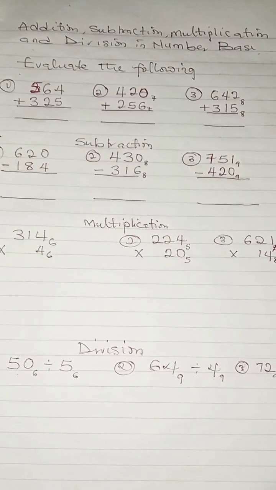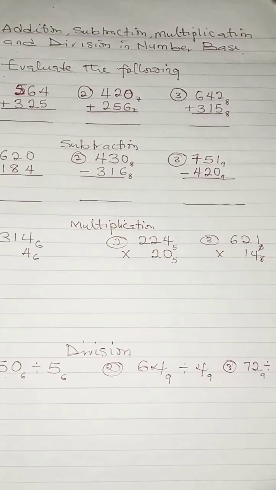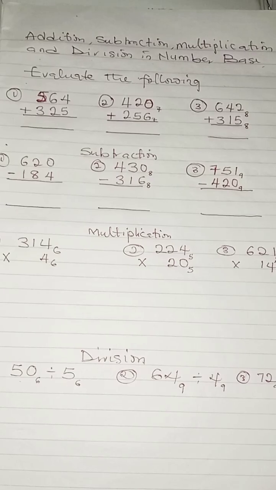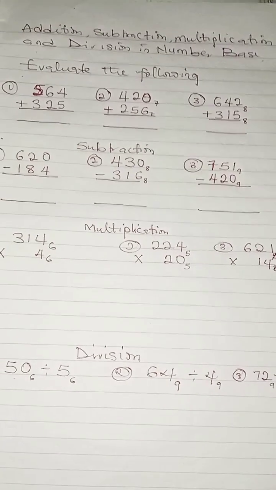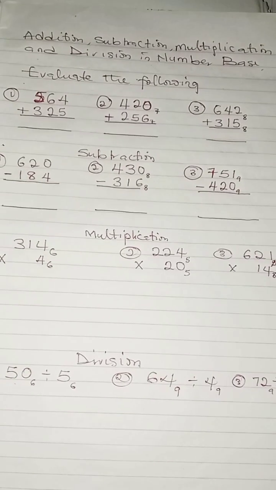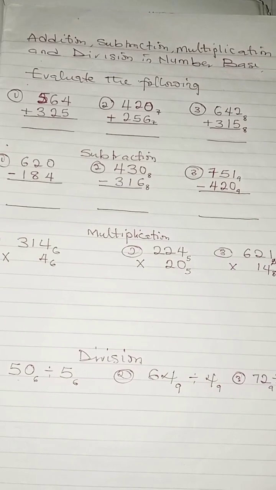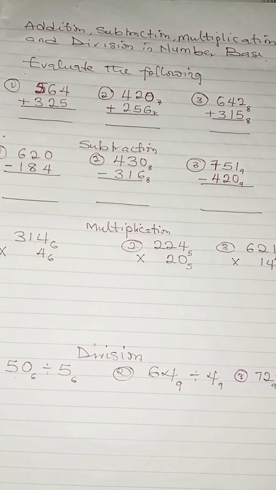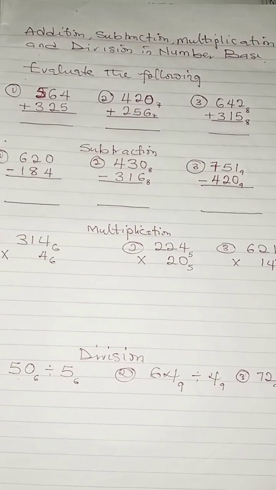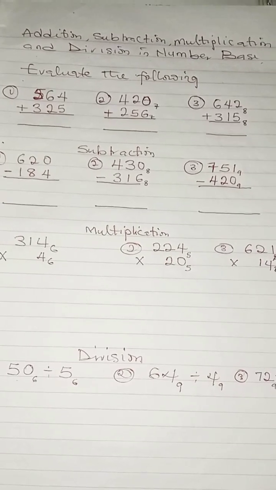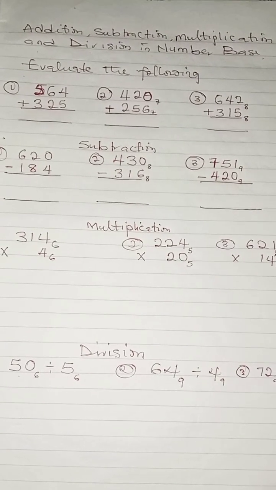Let's work on this. Let's start with addition. We are asked to add 564 together with 325. Now, if you were to ask, is there no base there? There is a base. I'm going to be showing you something. 564 is under base 10.